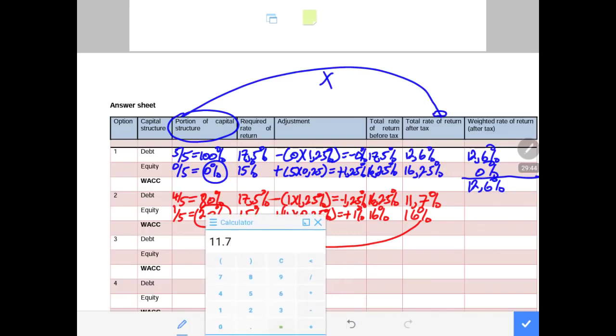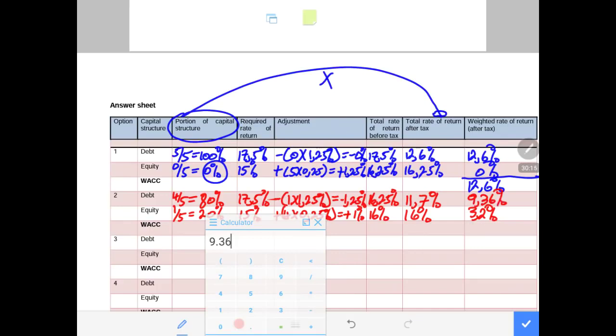So it will be 16 times 0.2, which gives 3.2%. Then for the first one, 11.7 times 0.8, which is 80%, gives us 9.36%.